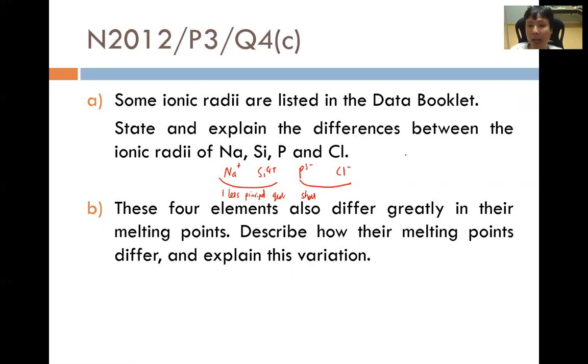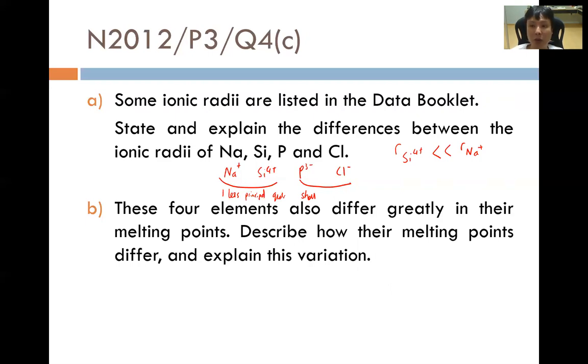If you compare the ionic radius of Si4+, it will be much smaller than that of Na+, and that goes back to what we learned from atomic structure, because Na+ and Si4+ are isoelectronic, meaning that they have the same number of electrons. Si4+ has a greater number of protons, and the shielding effect is the same as in Na+.